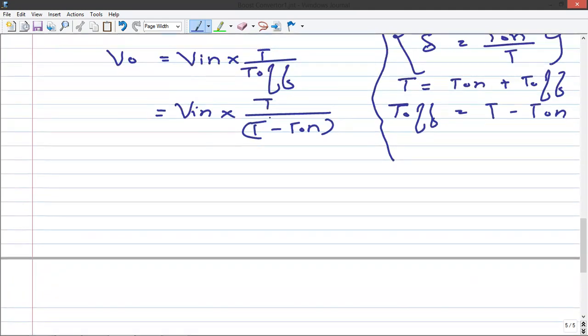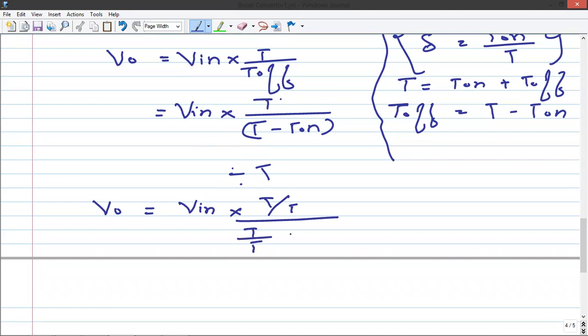Dividing numerator and denominator by T, V out is equal to V input into T by T, which is 1, divided by T by T, which is 1, minus T on by T, which is the duty cycle delta.